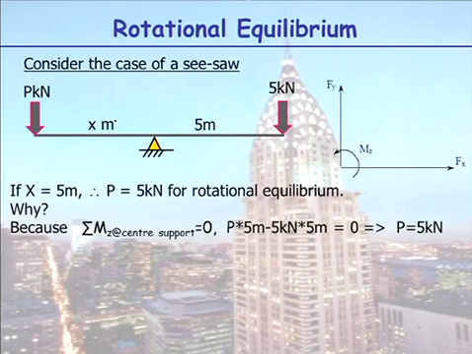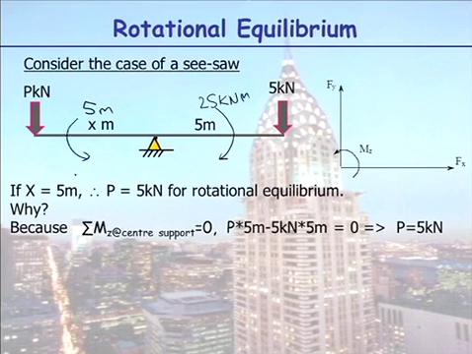We have a seesaw here. We want the whole thing to be balanced. So I think we all know, taking moments at the centre here, if this x here is 5 metres, in order to get rotational equilibrium, we have a moment applied on the right-hand side of 25 kilonewton metres, force times distance, and on the left-hand side we have a value of p times x.